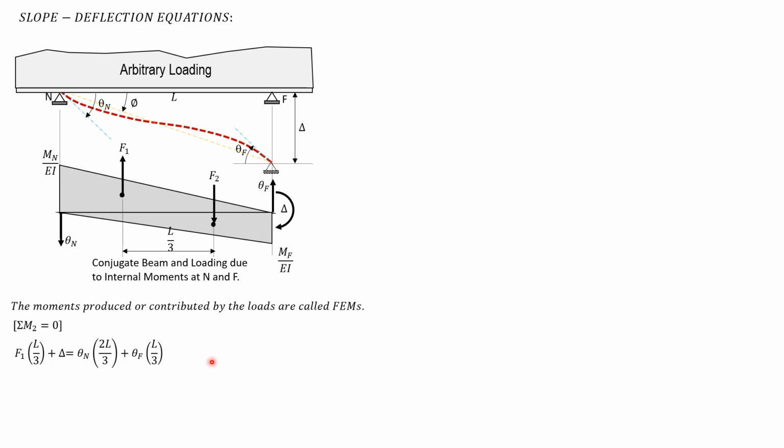So we simplify by multiplying everything by 3 divided by L. So this becomes 2 theta N after we multiply L over 3 over L, and this becomes theta F. Then this one, when we transpose to the right, we also multiply by 3 over L, so minus 3 delta over L. Substitute the value of F1, which is the area of the upper triangle, 1/2 L times Mn over EI.